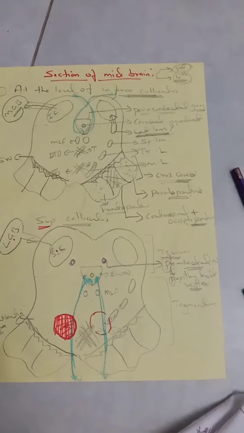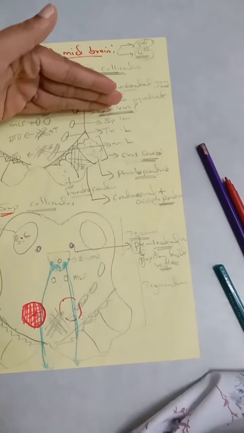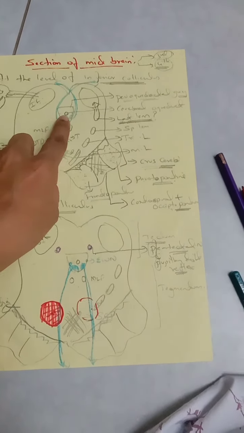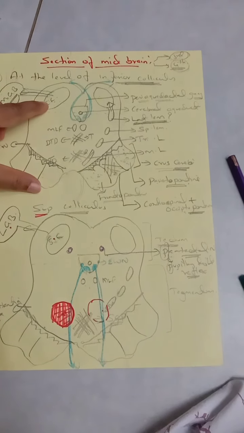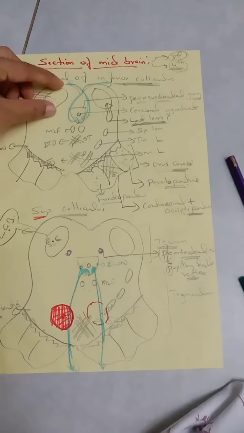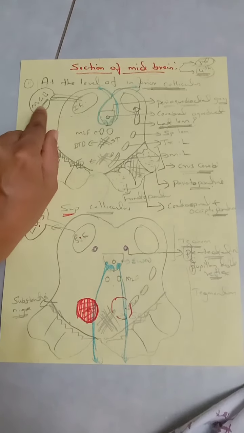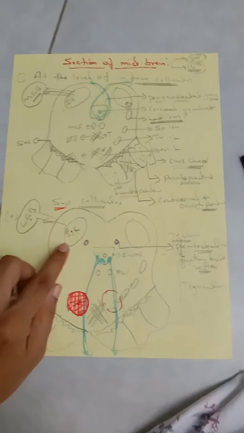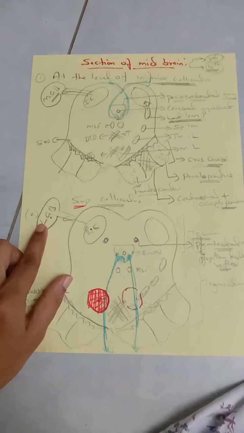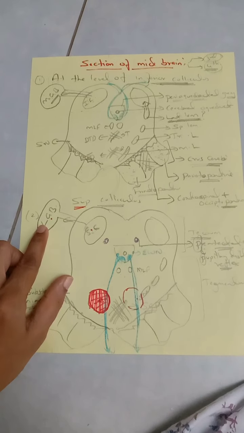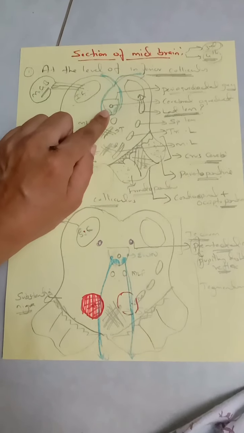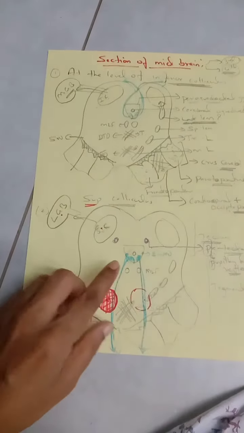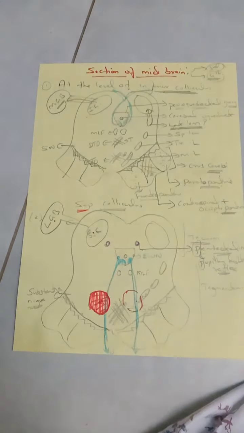So the entire midbrain is divided into 2. If you draw an imaginary line across the periaqueductal area, this small portion is the tectum and this is the tegmentum. In the tectum, here we will have the inferior colliculus, which will be ending in the medial geniculate body. Here we will have the superior colliculus, which will be ending in the lateral geniculate body. The periaqueductal gray matter here has 4th cranial nerve nuclei and there it has 3rd cranial nerve nuclei.